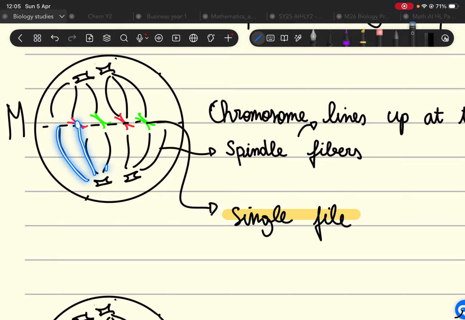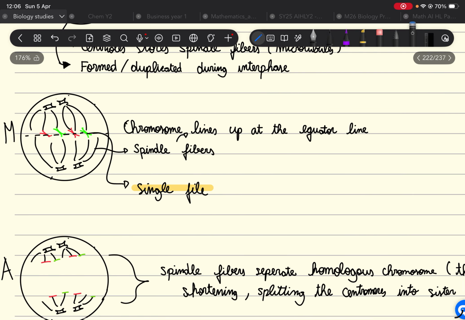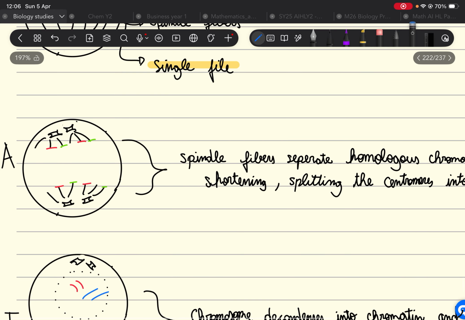And these spindle fibers attach to the centromere of the chromosome, where it's going to equally split it. So if you see the red here, this part is going to go here and this part is going to go here. So we're attaching it, and the anaphase is where you perform the stretch, the shortening, right?